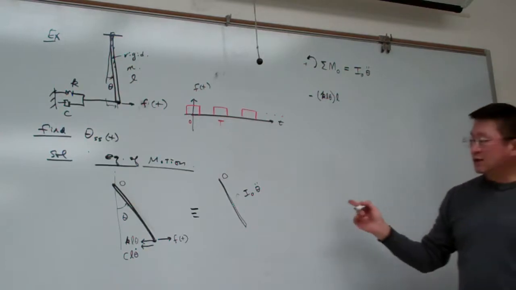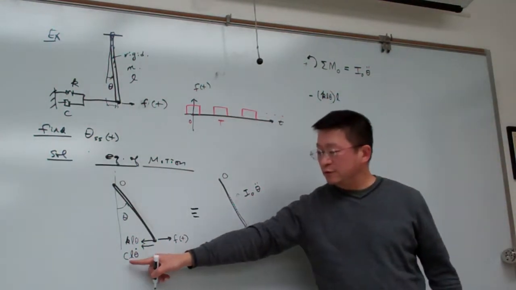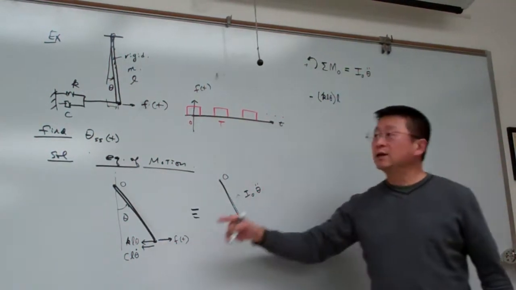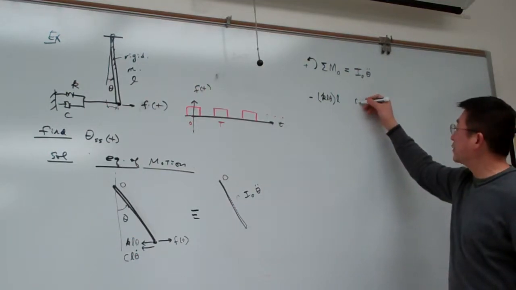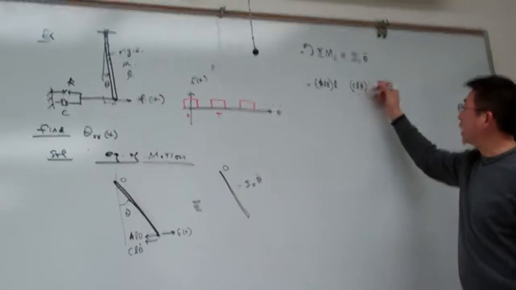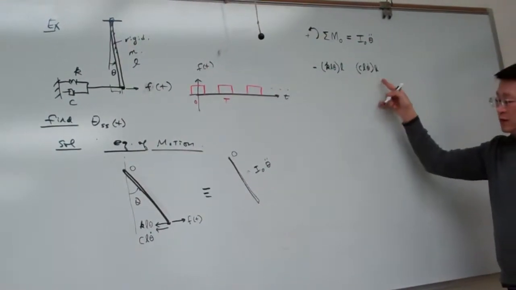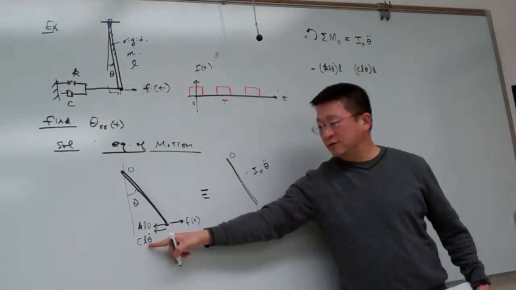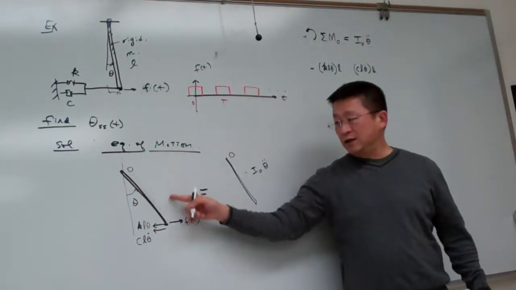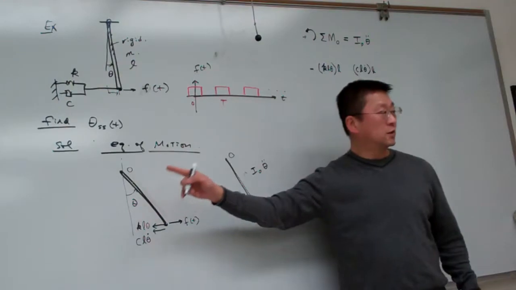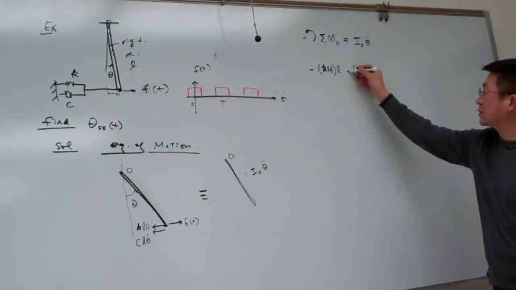The second moment is from the damping force, which is C L theta dot. Again, the force is multiplied with the arm, which is L. That is the moment contributed by this force, which again is clockwise, so per our sign convention, it is negative.